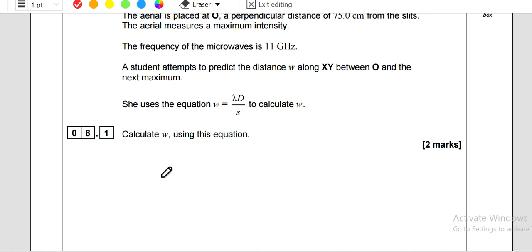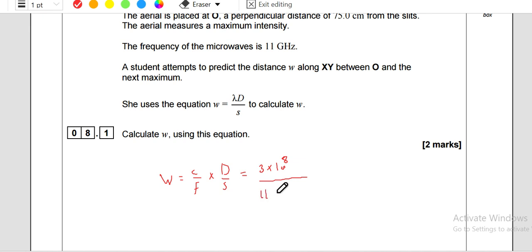So we can simply replace lambda by c over f, because we don't have lambda and all these values are given.